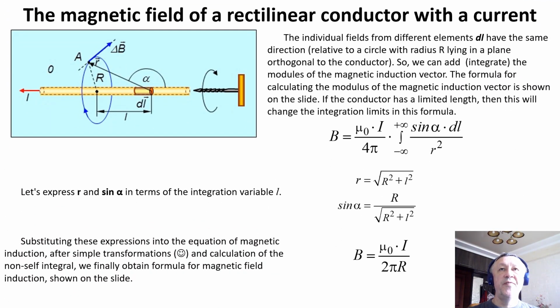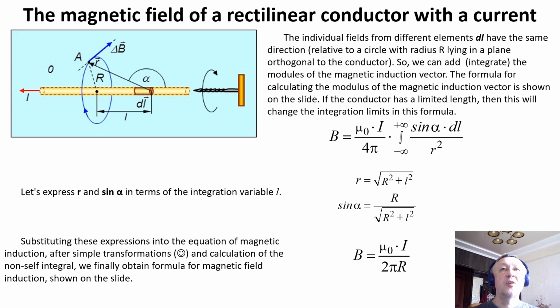The individual fields from different current elements dl have the same direction relative to a circle with a radius r lying in a plane orthogonal to the conductor. So we can integrate the moduli of the magnetic induction vector.